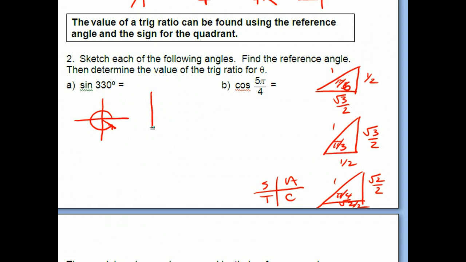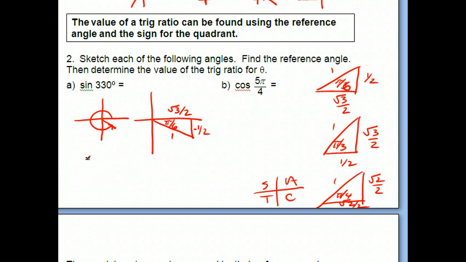So that picture is going to be this 30 degree triangle in this quadrant, right? So here is my reference angle of pi over 6, or 30 degrees. And this height, it's still the same triangle, right? So this is going to be minus a half. This is going to be root of 3 over 2, and this is going to be 1.